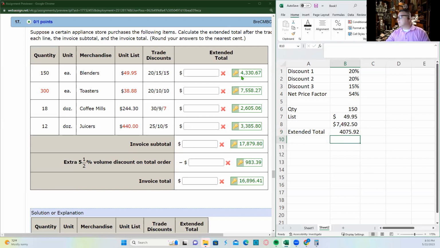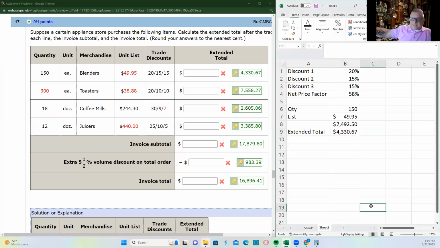What did I get wrong? $20, $15, $20. Oh, it's a 15 and a 15, not a 20, $20 and a 15. So I changed that. 4330.66.5. Change that to money so it rounds.